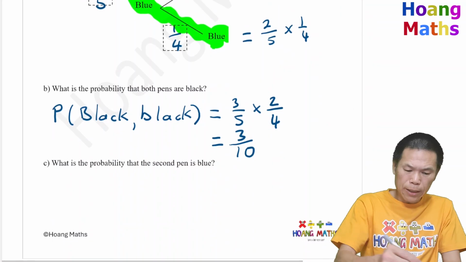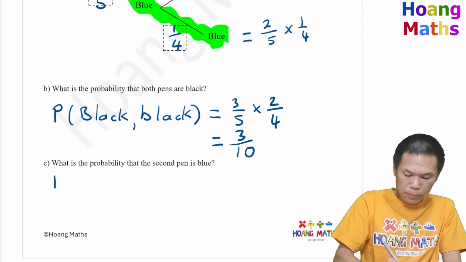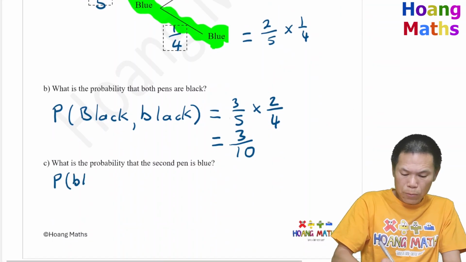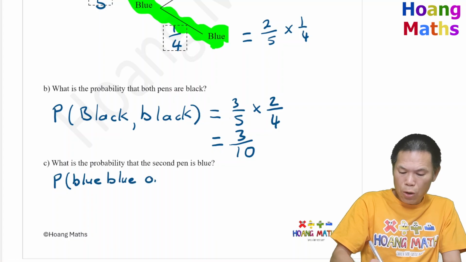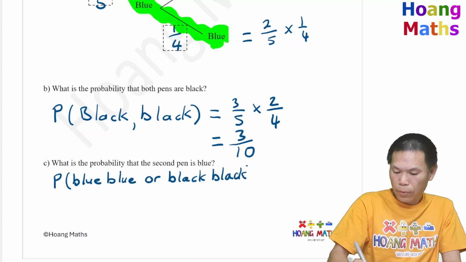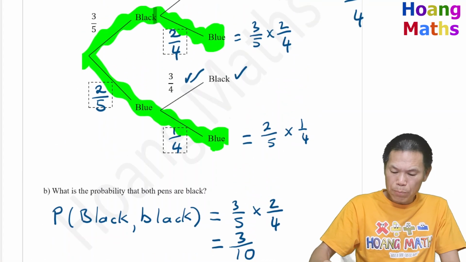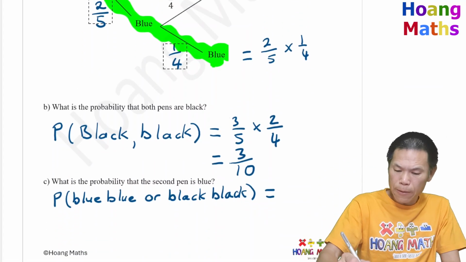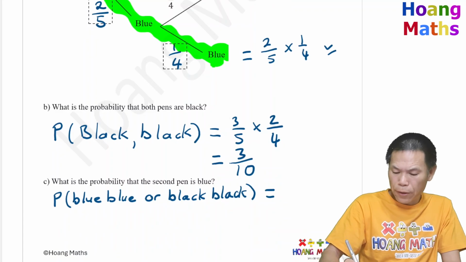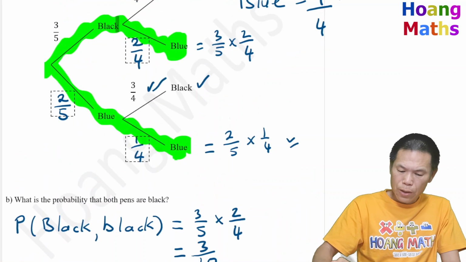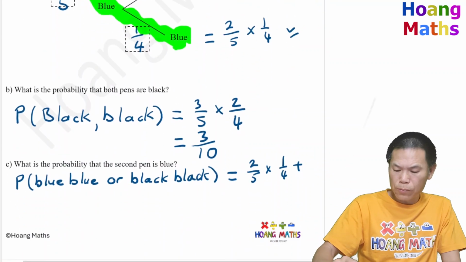So the probability of blue, or that will do. So that is, we have blue is this one here, which is 2/5 times a quarter, we add 3/5 times 2/4.